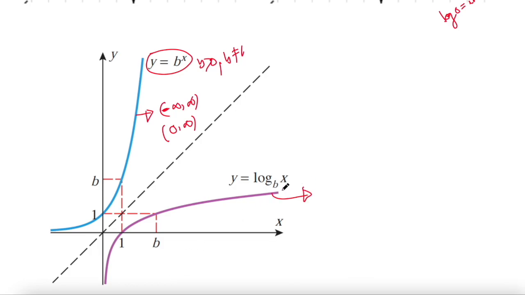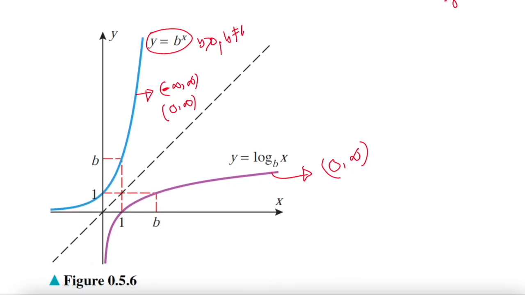And the domain of this curve will be what? You see the x, you are allowed to consider x only from 0 to infinity. This is of course an open interval, because 0 is not included in the domain of this function.